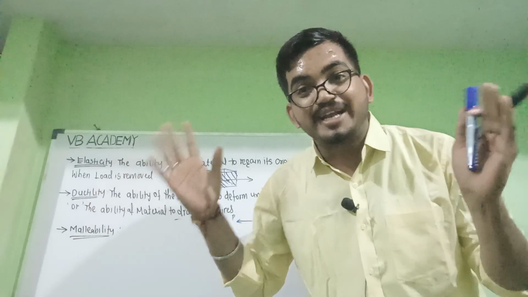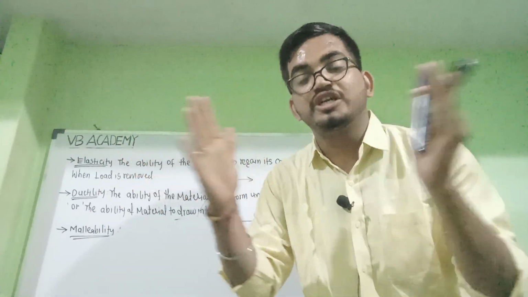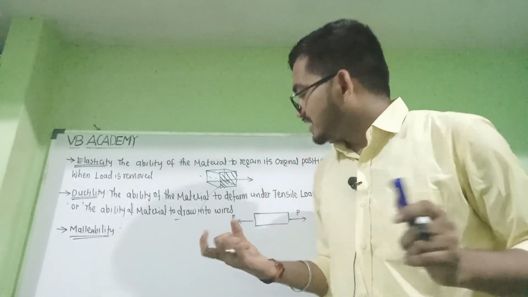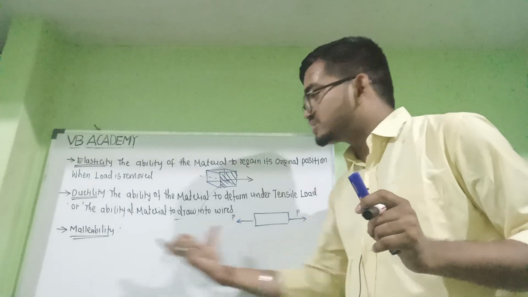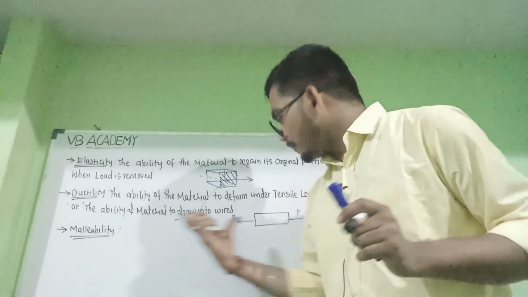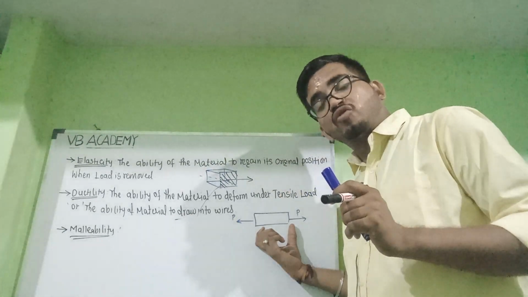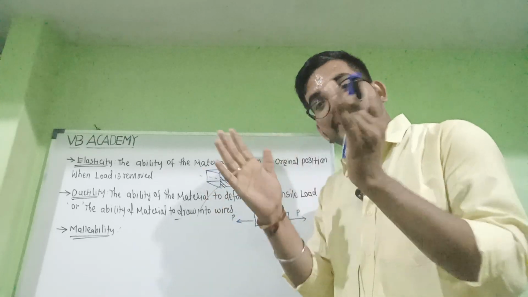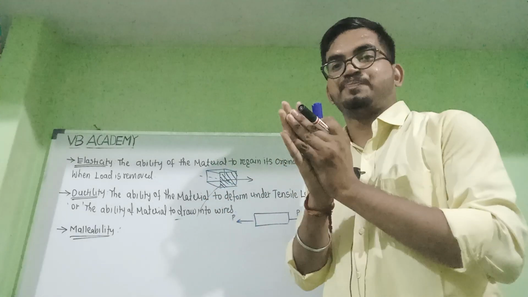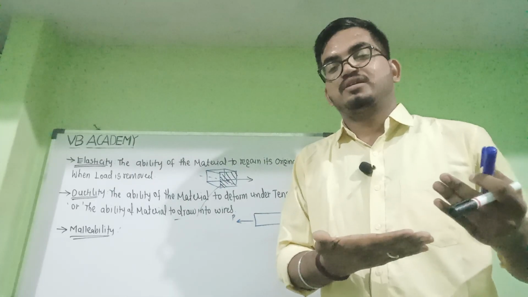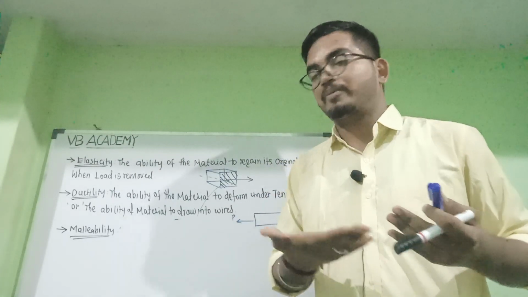So malleability means the ability of the material to deform under pushing nature load. Clear? This is pulling nature. This is pushing nature. If you apply the pushing nature load, what happens? It will get thinner, meaning the area of cross section will get thinner and it forms into a sheet. I am giving one trick to remember it.